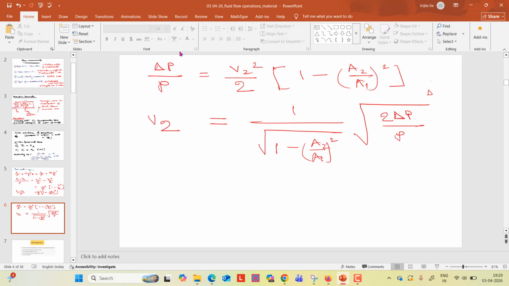Your delta P is P1 minus P2. So this is the expression if you know the pressure drop of the fluid but you don't know V1. Then you can calculate it like this.